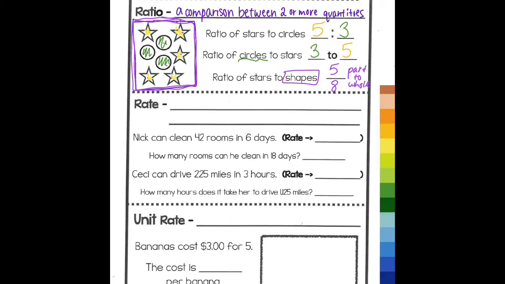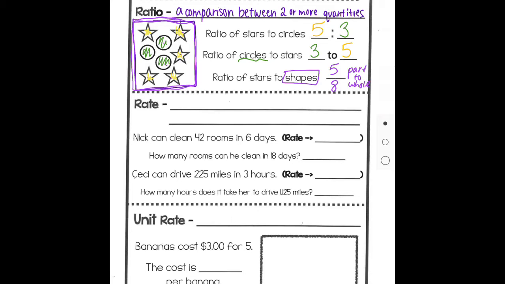So then moving on to a rate. A rate is just like a ratio, a comparison between two or more quantities, but it helps us figure out the pattern at which something's going to go.